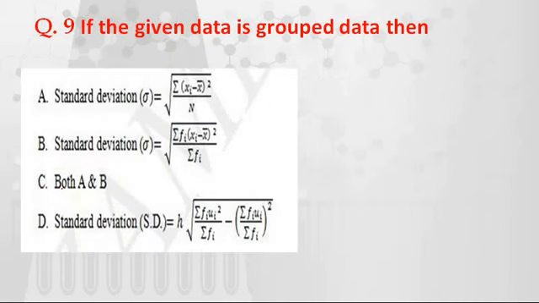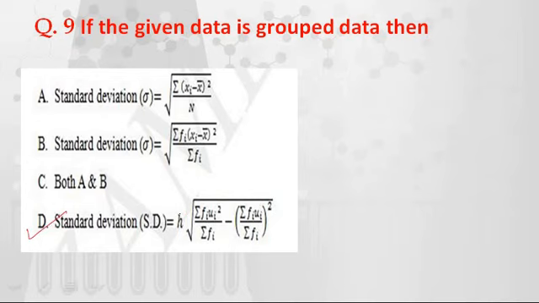Question number 9. If the given data is group data, then standard deviation sigma is equal to, now here as we have seen in the previous question, group data is a data in which the value of the variable is given in the form of class intervals along with its frequency distribution. So obviously class intervals are there, it means H should be there, and H is involved here in option D only.